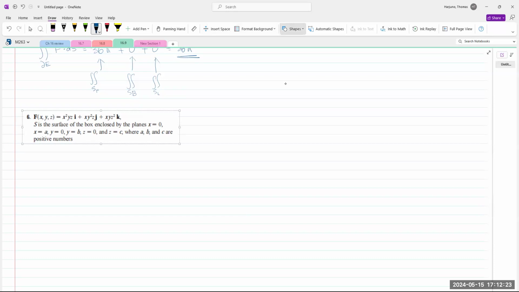Let's try to sketch that first. So let's say we have this, and the box goes from x equals 0 to x equals a, y equals 0 to y equals b, let's say this is the b, and z equals 0 to z equals c.